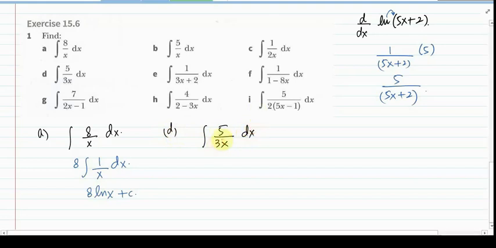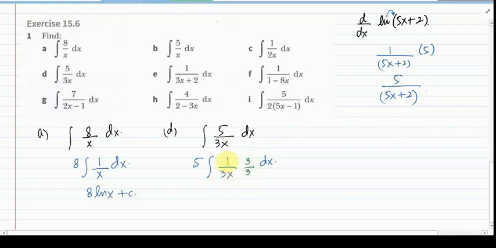First step, take the coefficient out from the integral sign. So it's 1 divided by 3x dx. Now, what is the derivative of this function? The derivative of 3x is 3, so 3 should be present in the numerator, so I need to multiply by 3 and divide by 3.